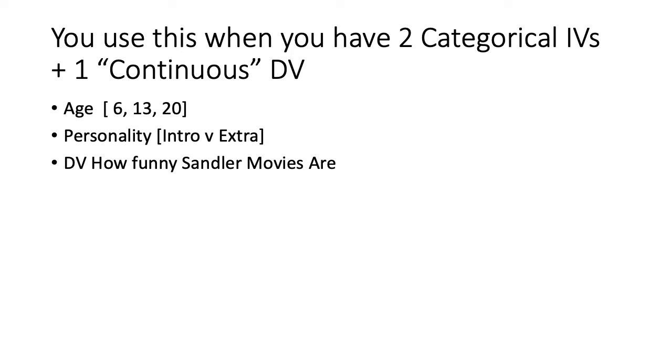So that is 2 categorical variables, and our dependent variable was how funny Sandler movies were. And if we remember, when we looked at that data, we saw that Sandler movies got less funny the older you got. But that's just a fun callback to the previous lecture. But we use an ANOVA when we have 2 categorical independent variables and 1 continuous dependent variable.